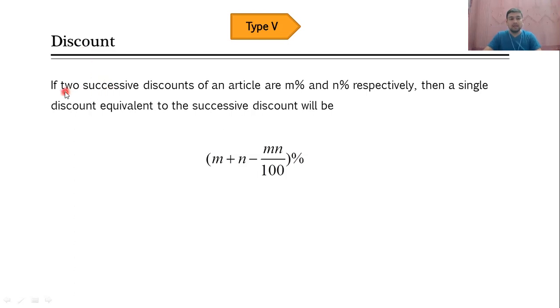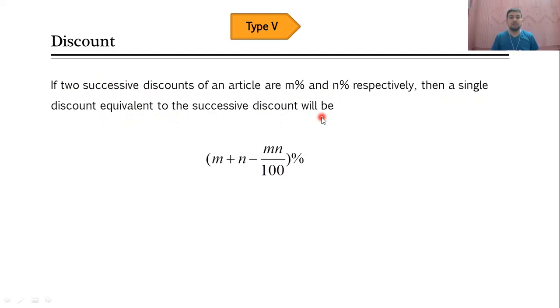So let's say if two successive discounts on an article are m% and n% respectively, then a single discount equivalent to successive discounts will be, okay, let's say there is an article of rupees 100. In the first, let's say there is a 50% discount.